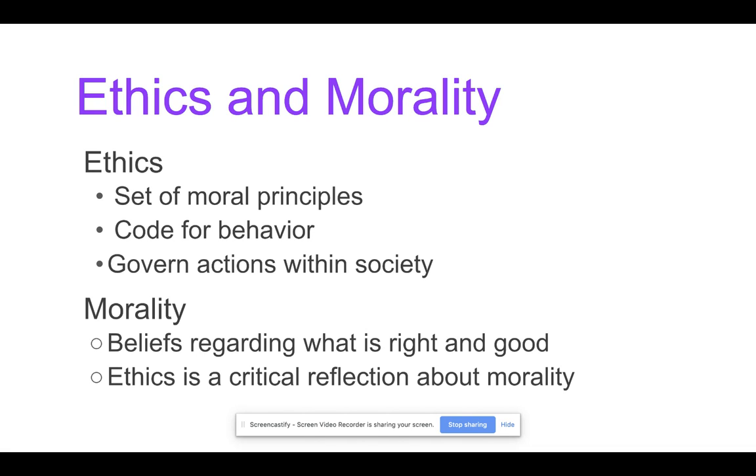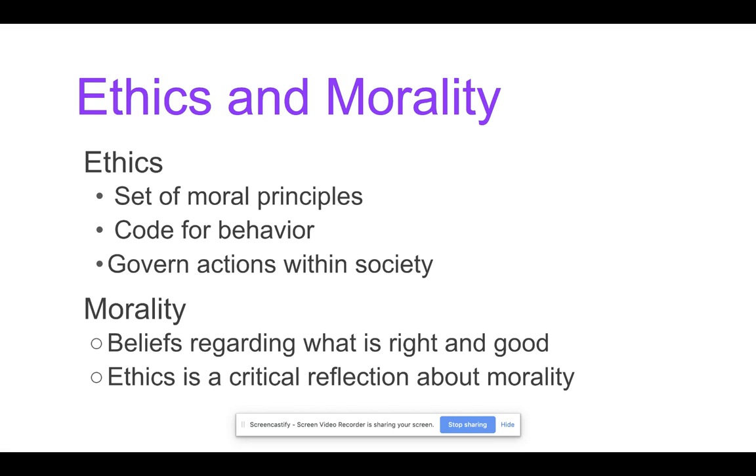It's a code for behavior. This is so that individuals know what is expected of them. And there is a set of principles that we have to follow. And therefore, if we don't follow them, then we have to face the consequences of what happens if we don't follow them.